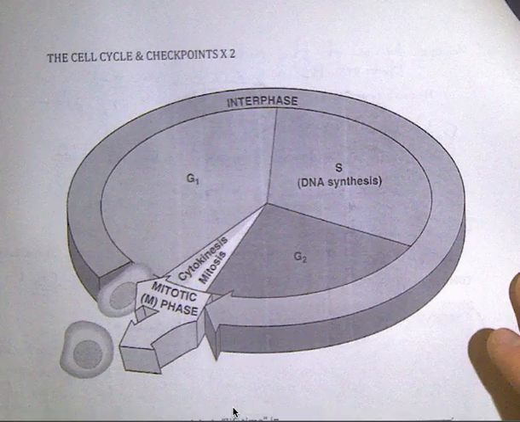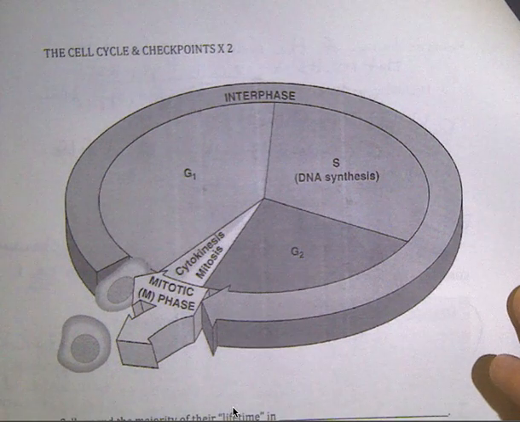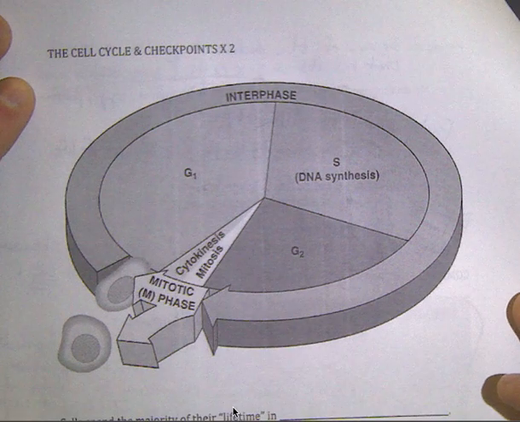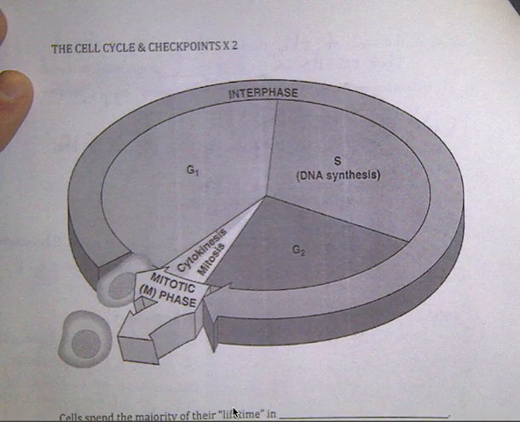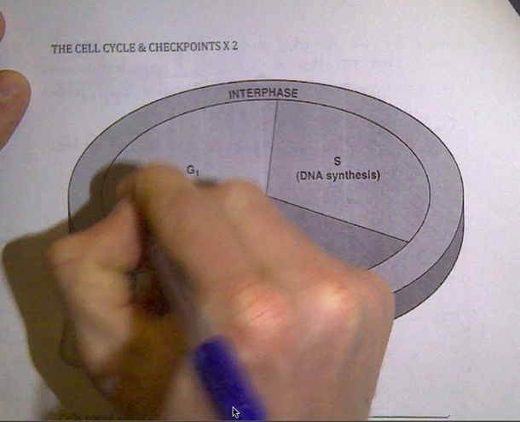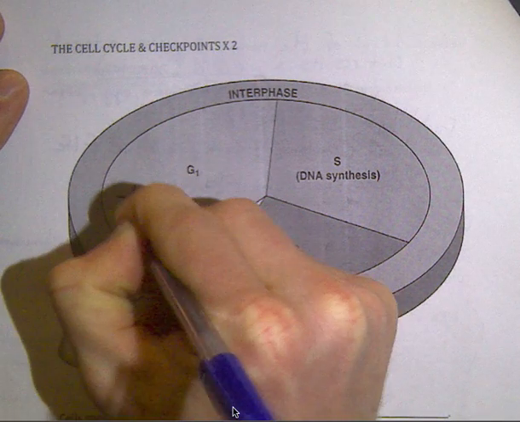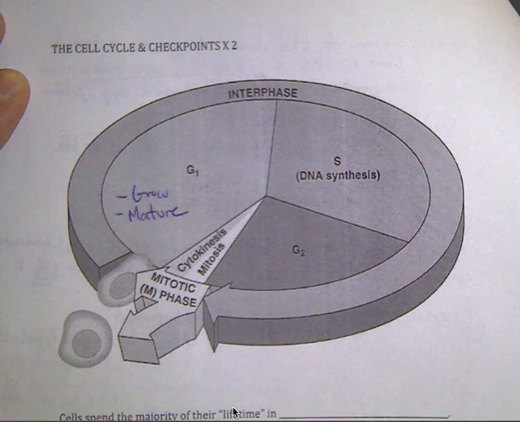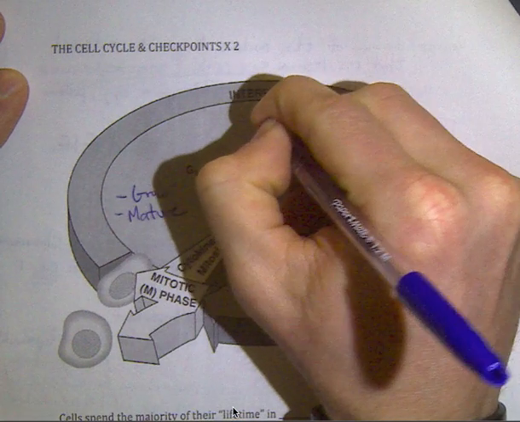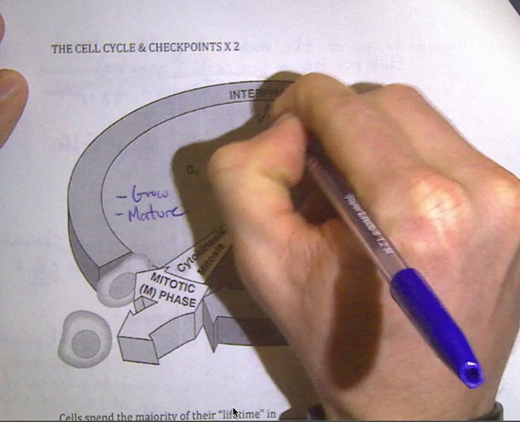This is a diagram that we've seen many times now. It represents the cell cycle. The cell cycle for meiosis is really no different than the cell cycle from mitosis. The cell still needs to grow and mature. And before it can move on, it still needs to pass some major checkpoints.